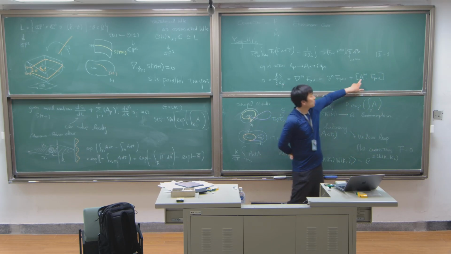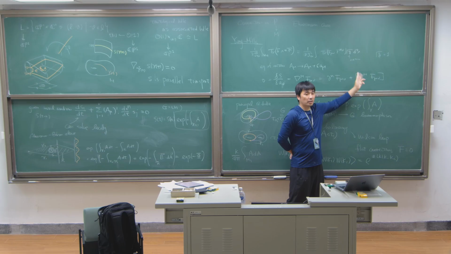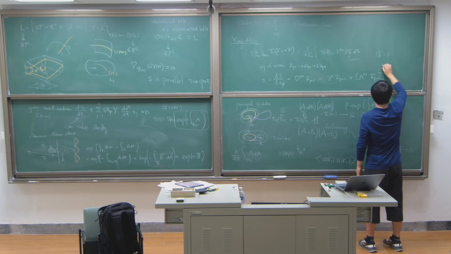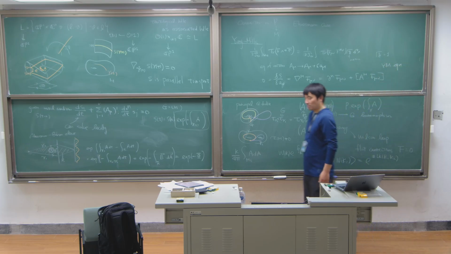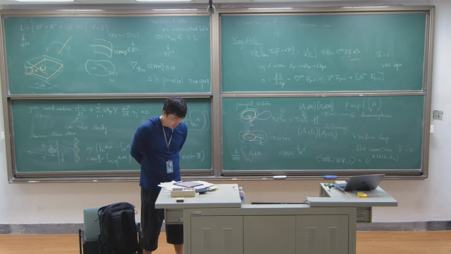It's now matrix valued, both A mu and F are Lie algebra valued, so you need to take a commutator. So this equal to 0 is the Yang-Mills equation.